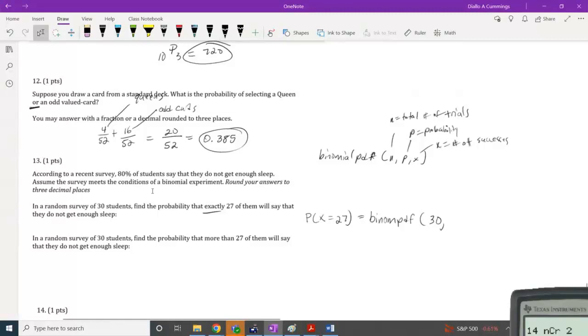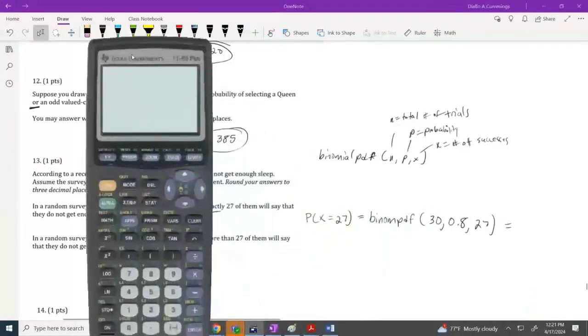What is the probability of success? 80%, but we have to change that to a decimal, so that's 0.8. And the number of successes should be 27, right? This is what we want to put into the calculator.